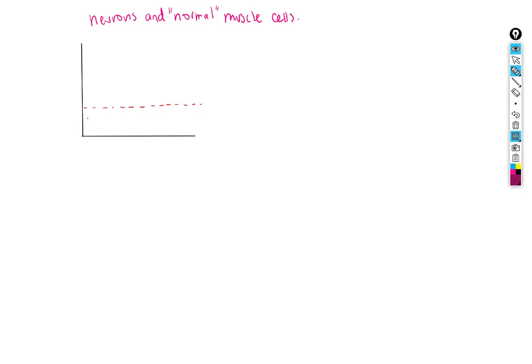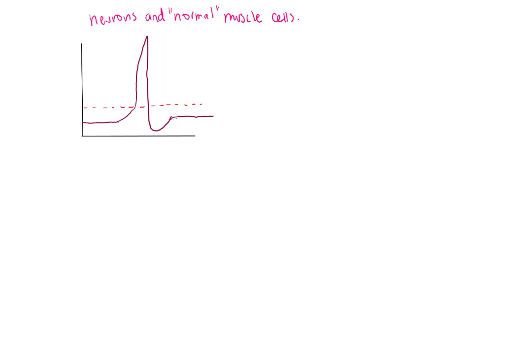So unless a neuron or a muscle cell is excited by something, it's just going to kind of trundle along at resting potential. If it's binding neurotransmitters, which are opening ion channels or something like that, then we're going to get a drift towards threshold. If threshold is met, you get a rapid depolarization, repolarization, and hyperpolarization, followed by a return to resting condition. So that's a quote-unquote normal action potential.